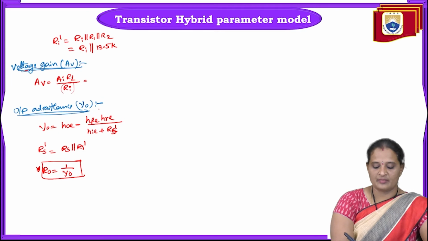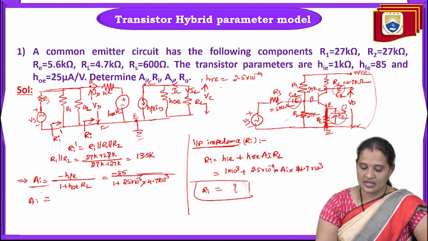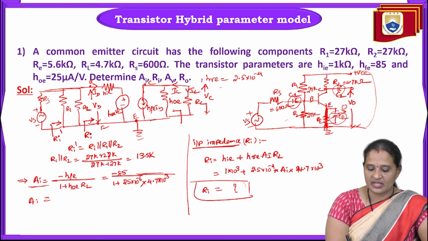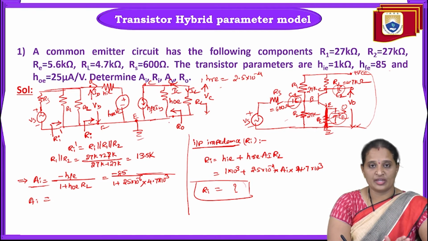So here, if you see this equivalent circuit, the output impedance or output resistance is the resistance that we can calculate from the output port, when we are looking into the output terminal. So now this one is nothing but R0 dash. What is R0 dash?